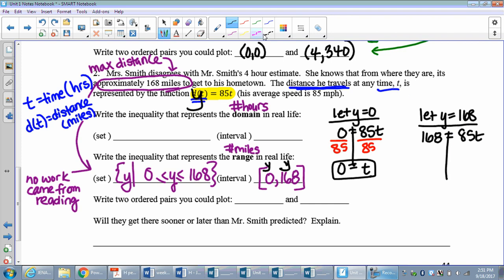If you haven't gotten your calculator yet, it would be good to, because we need to divide both sides by 85. Press pause if you need to go get it. On my calculator, when I do 168 divided by 85, I get 1.98.